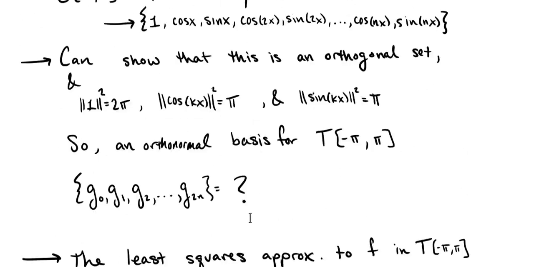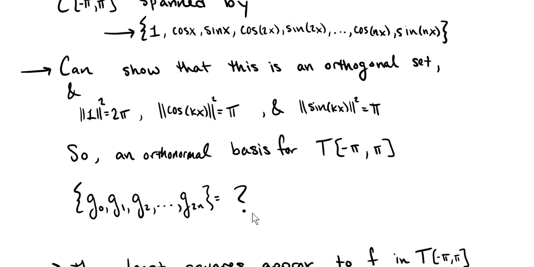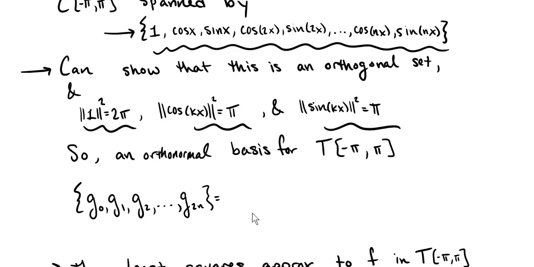Well, how do we make them orthonormal? By their nature, all these vectors are already orthogonal. Make them orthonormal by dividing them each by their lengths that we already wrote out. Their norms. So an orthonormal basis for this T of negative pi to pi is really the first vector divided by its norm, 1 over root 2 pi.